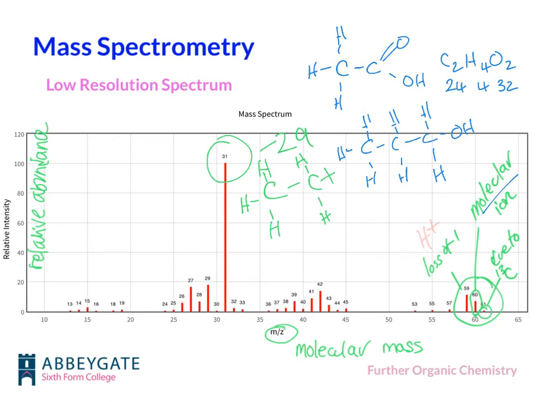I wouldn't be able to see which was which, but again, if I look it up, I've got C3H8O, which adds up, that's 36 plus 8 plus 16, also adds up to 60. And my alcohol group can be in several different positions, so there could be lots of structural isomers. There could be many things that add up to a molecular mass of 60, and we can't tell just from looking at the low resolution spectrum.